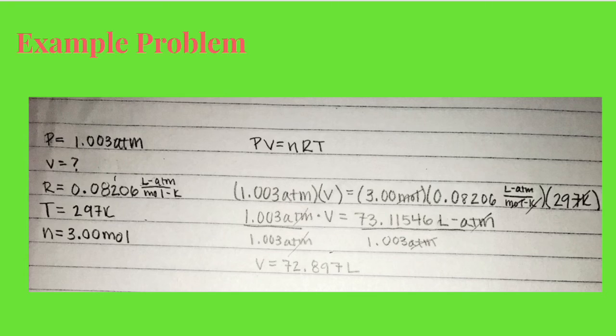And then because we're trying to find V, I divided by 1.003 atmospheres on both sides to get V by itself, and I end up getting V is equal to 72.80187 liters.